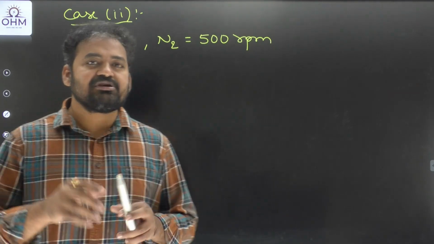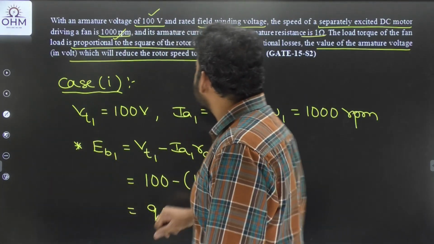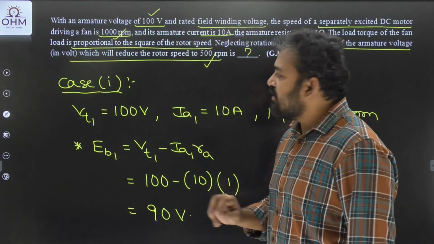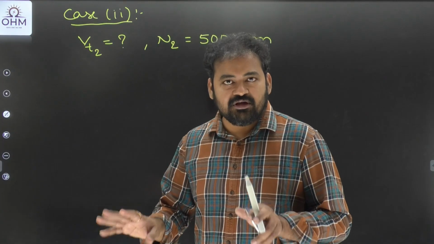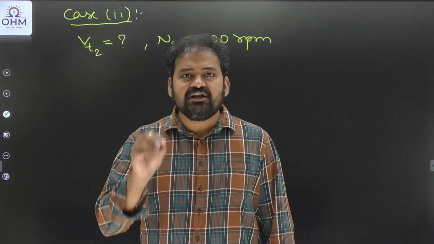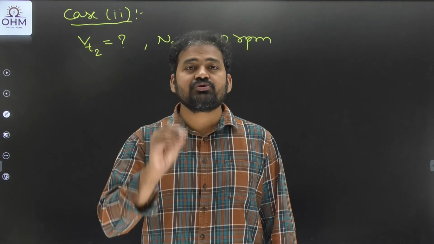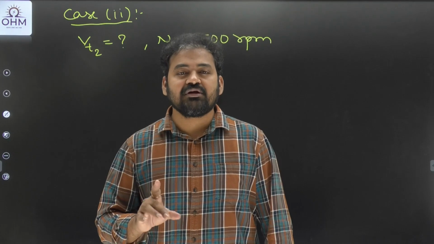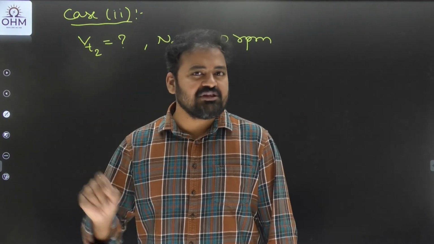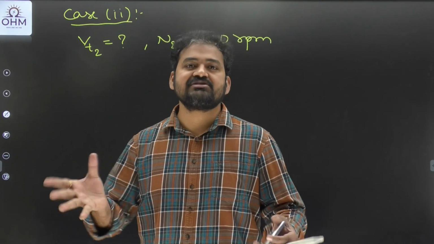So, you may be confused here, sir. In the previous case, armature current was 10 ampere. Can I take the same armature current in the next case also? No. Remember guys, unless it is given in the problem, you should never assume current is a constant value. Always remember, any parameter you disturb in the machine, current will immediately change.